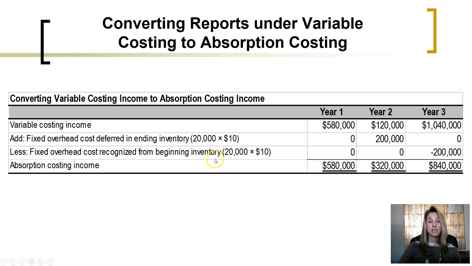However, in a year when income includes expenses from prior year, fixed overhead recognized from beginning inventory carried forward, we have to subtract that from our variable costing to get to absorption costing net income.